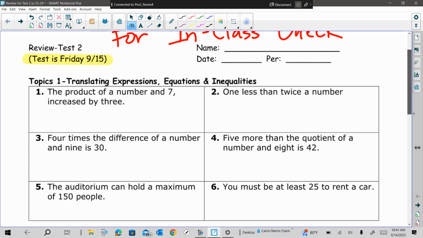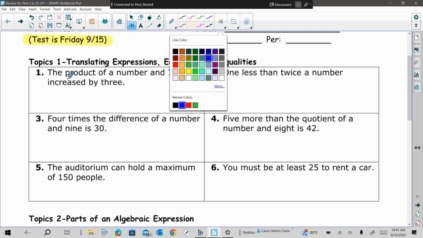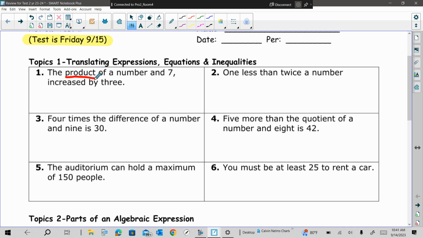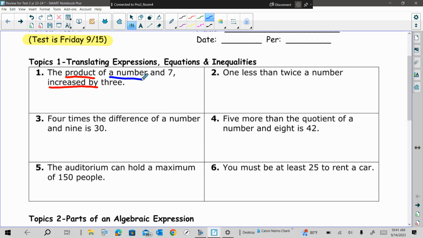On number 1, our key phrase is the product of a number, increased by 3. When we're using just the variable a number, we tend to use n.